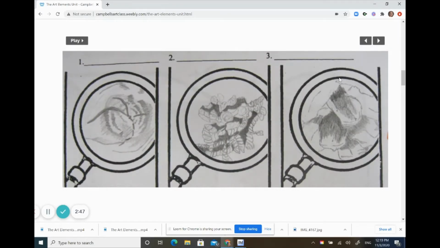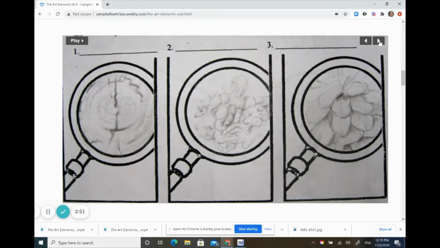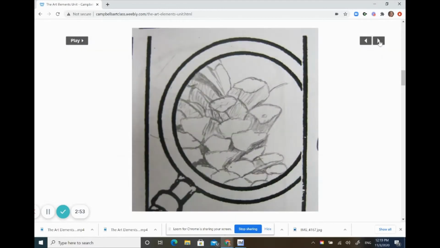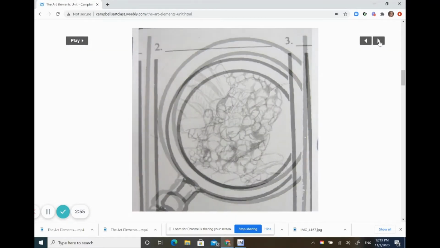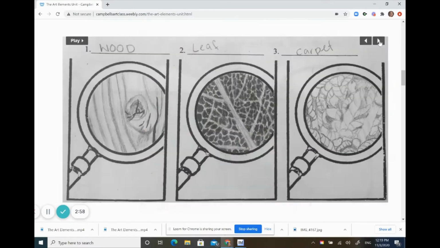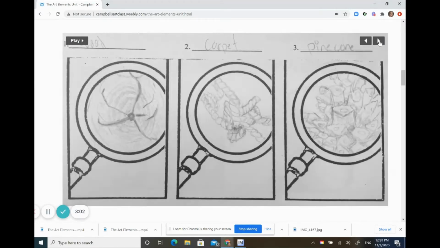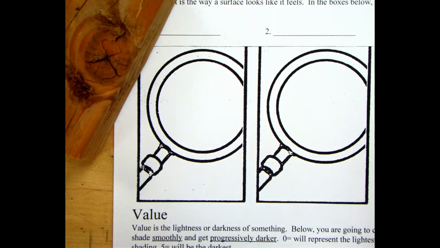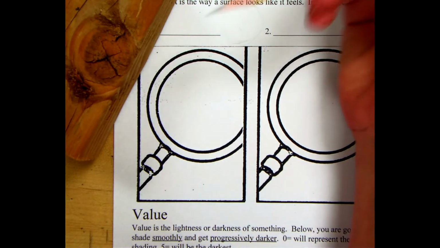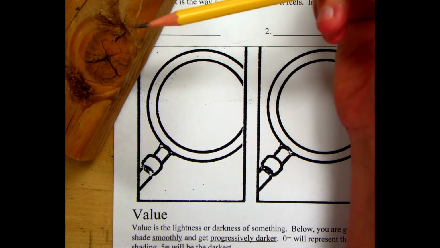You're drawing close-up, larger than life. So it's important to start drawing from observation.